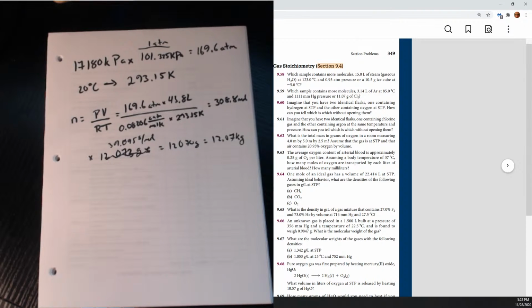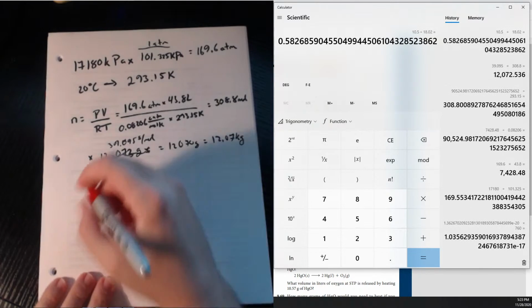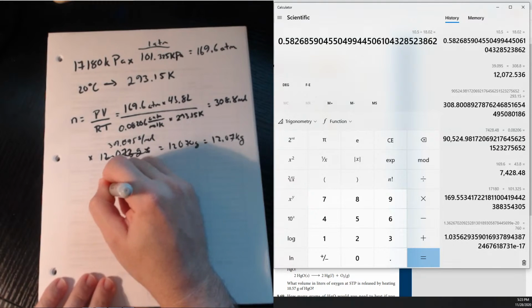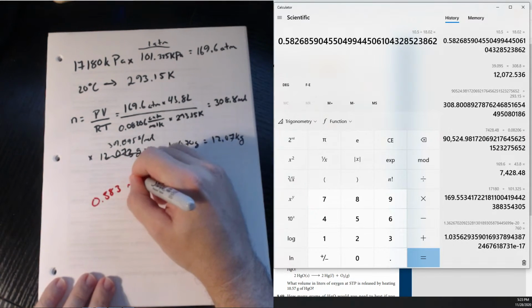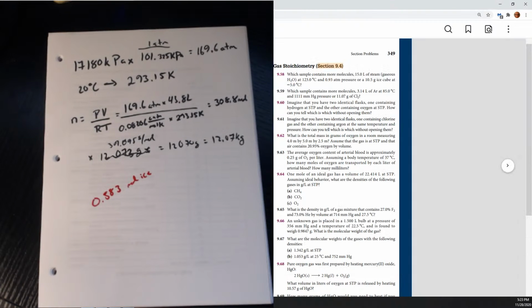But 10.5 grams of ice, you're just going to convert that using the molar mass. So 10.5 divided by 18.02 grams per mole gets you 0.583 moles of ice. And as for the steam, they gave us liters, degrees Celsius, and atmospheres.